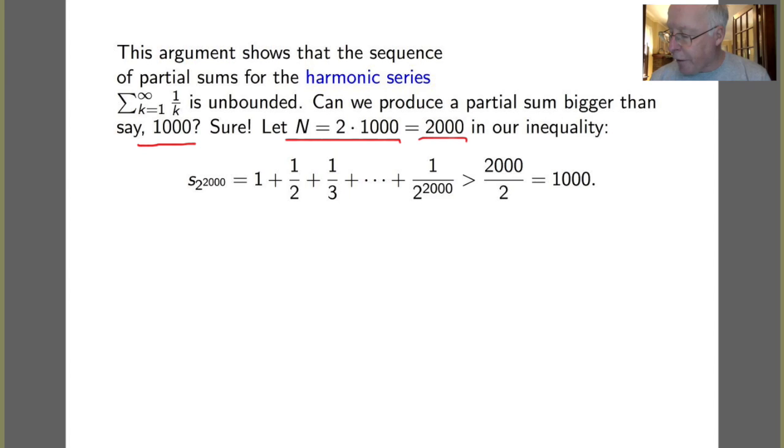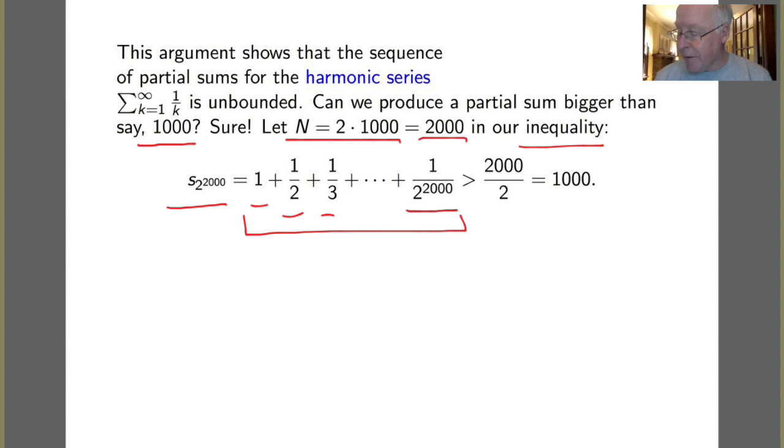Then according to the inequality we just looked at on the previous slide, S sub 2 to the 2,000th is 1 plus 1/2 plus 1/3, finally ending up at 1 over 2 to the 2,000th. So this is a lot of terms here. But according to our inequality, this will be bigger than n over 2. Again, n was 2,000, so that is 1,000.